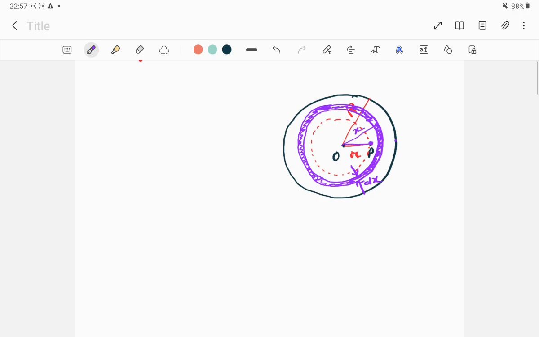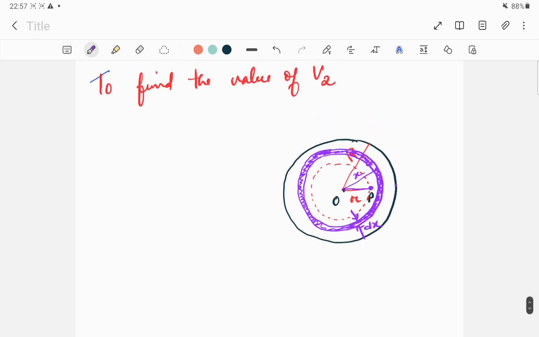Now if you see, the point P is inside this spherical shell. If you can remember, there was a case of a spherical shell where we derived the gravitational potential due to a spherical shell at a point inside it. So we are almost doing something similar to that.